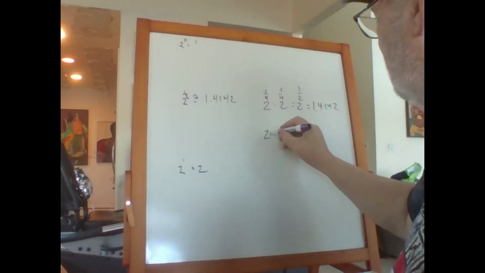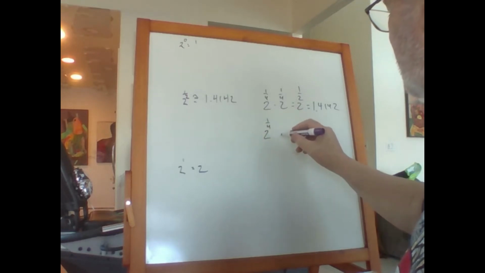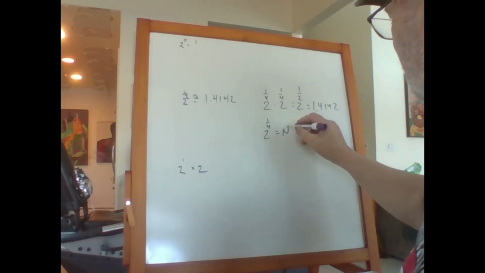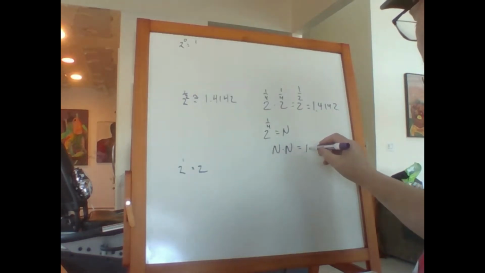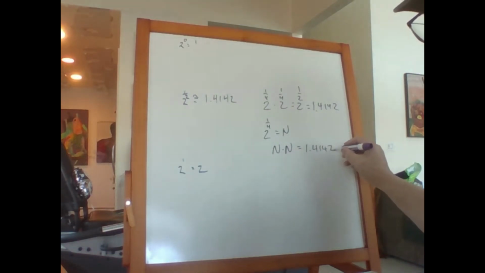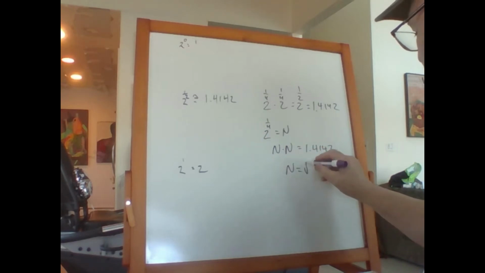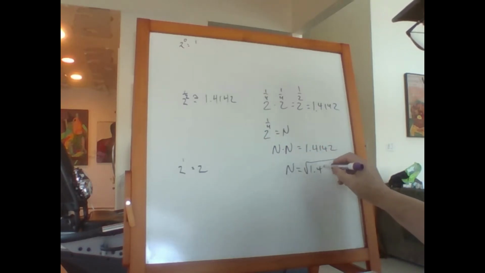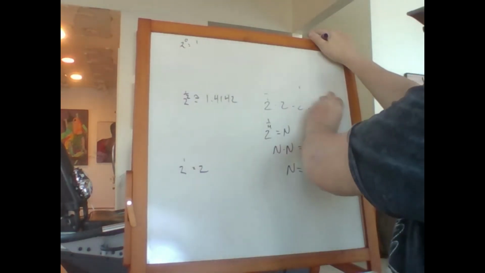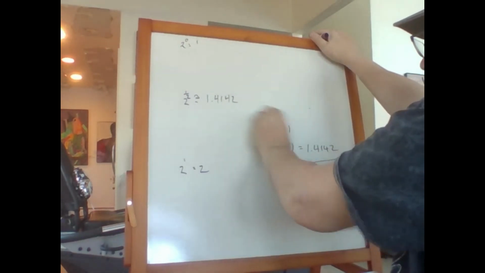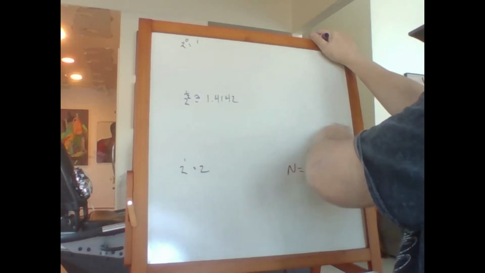So 2 to the quarter is n, where n squared equals 1.4142, and n equals the square root of 1.4142. So that's how we progress with this.